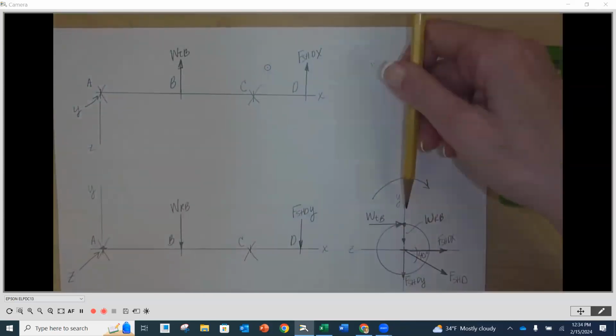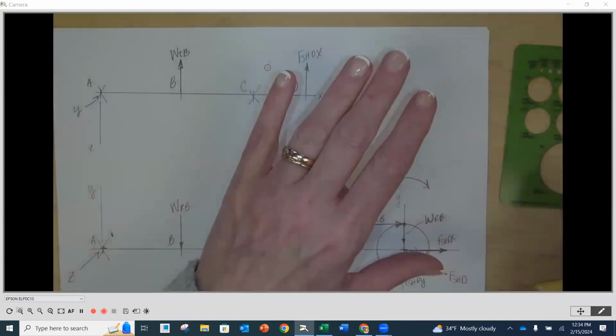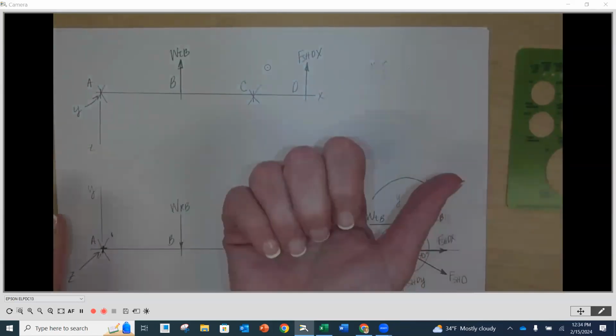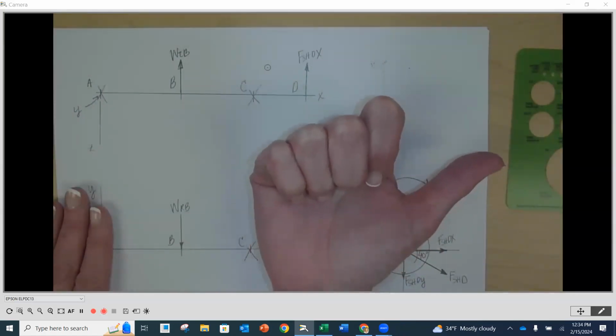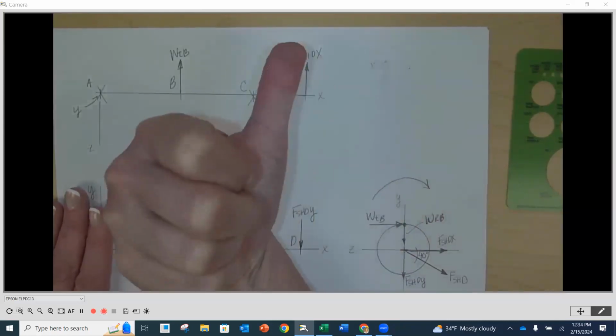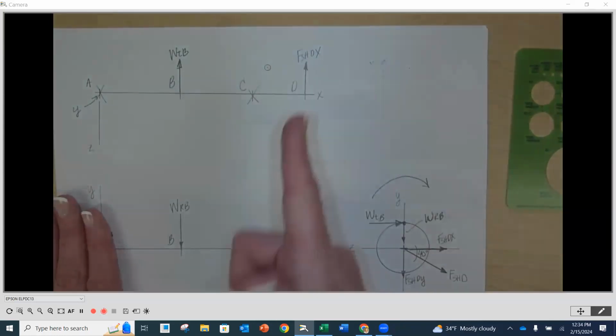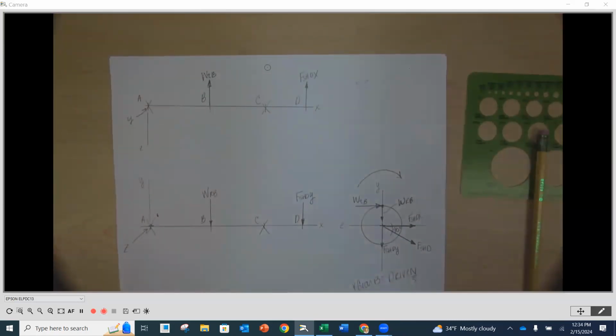So if you're looking down on the top view here, maybe an aid that you could do is, I don't know if I can do this. If I show my thumb going to the right, and then when I look at it going the opposite way, I'm going to go up this way and it's pointing in the backward direction. I can't do it really well. Are you seeing it?